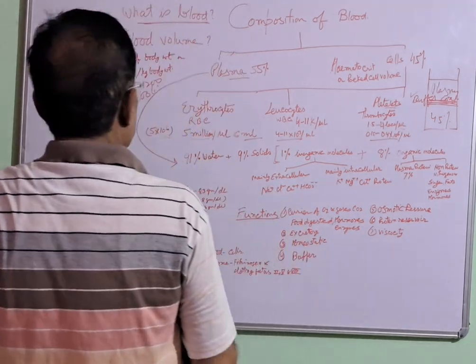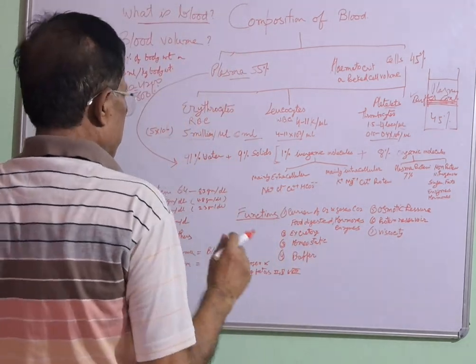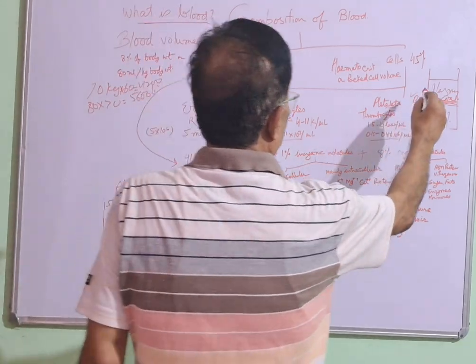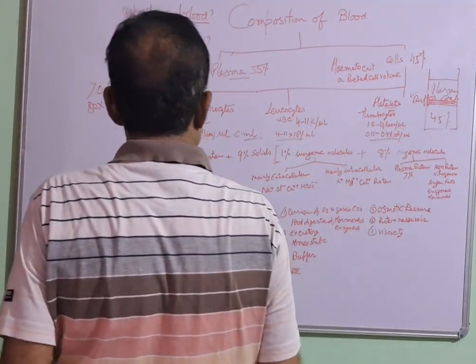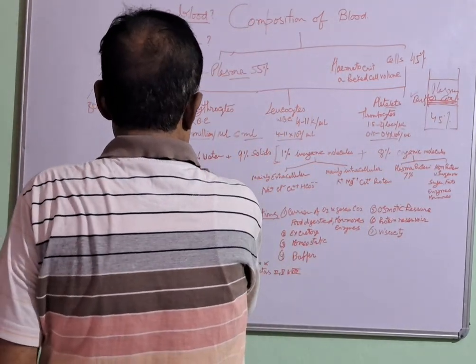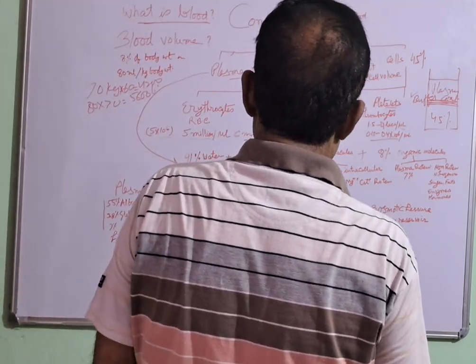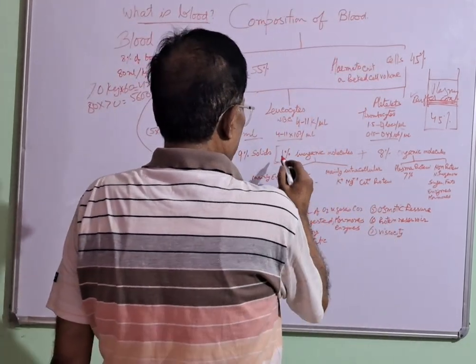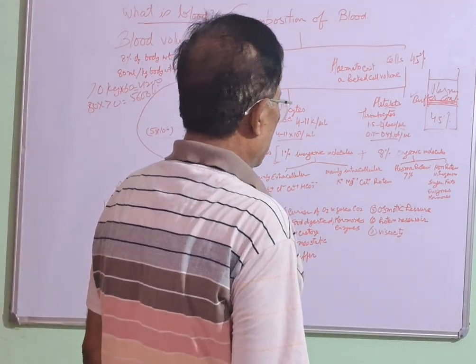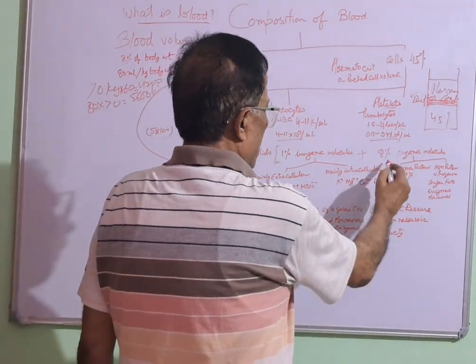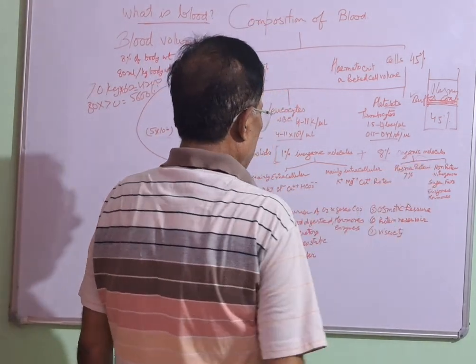Now about plasma. Plasma is 55%. Composition of plasma: 91% is water, 9% is solid. In solids, we have 1% inorganic molecules and 8% organic molecules.